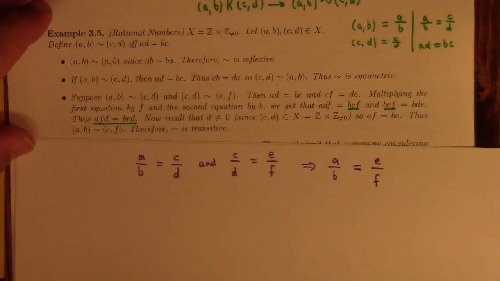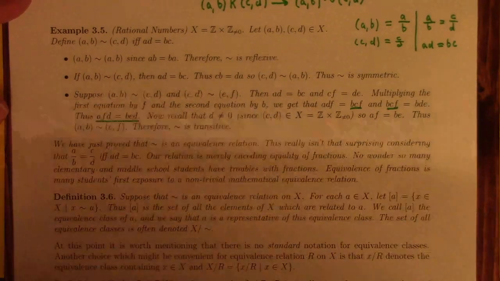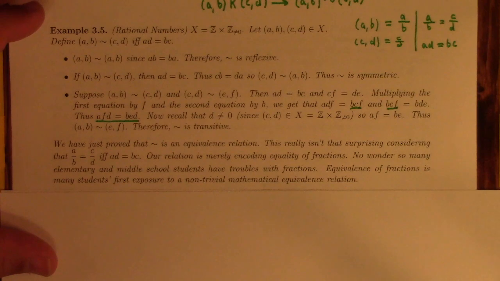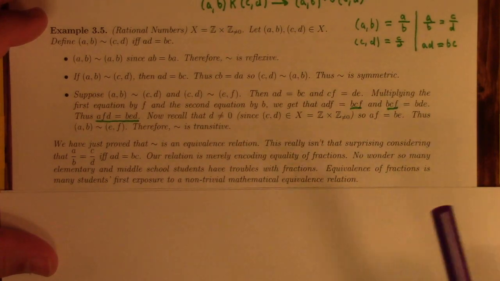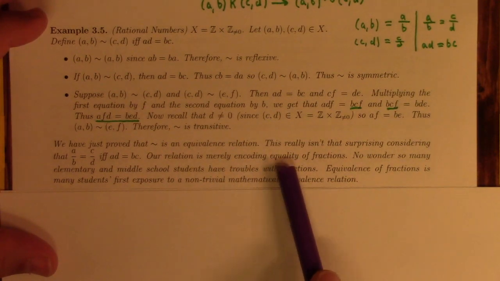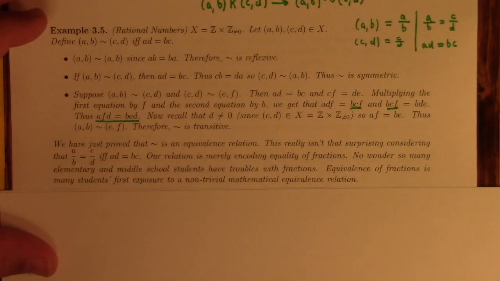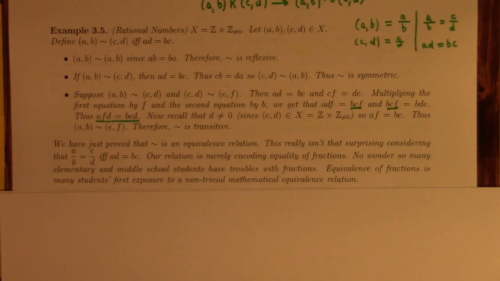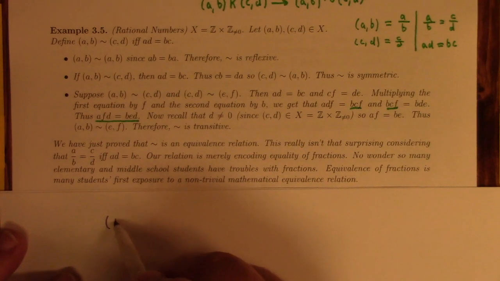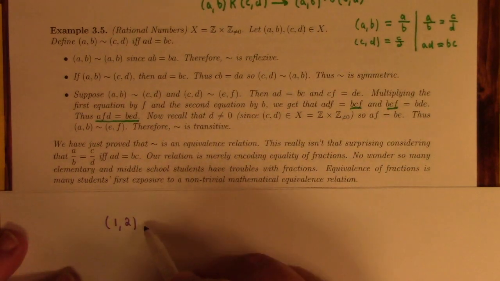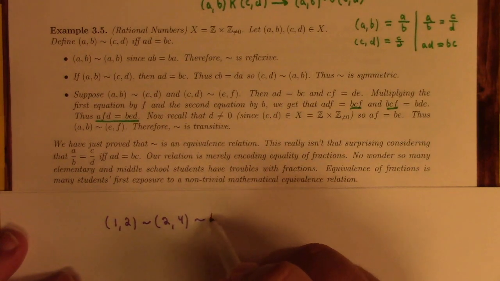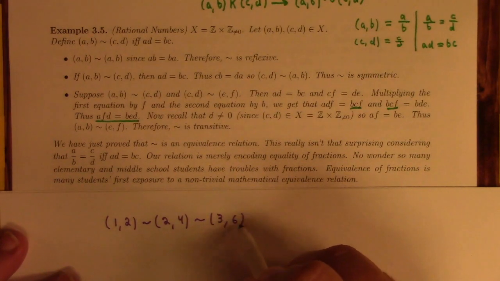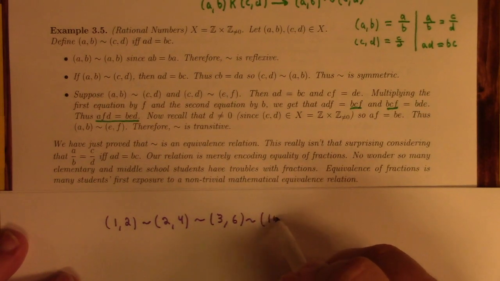The point is that this is a careful way of logically constructing rational numbers. It's really, as he says, an encoding of the equality of fractions. One thing you might notice here is that 1,2 is equivalent to 2,4, is equivalent to 3,6, is equivalent to, I don't know, 100,200.